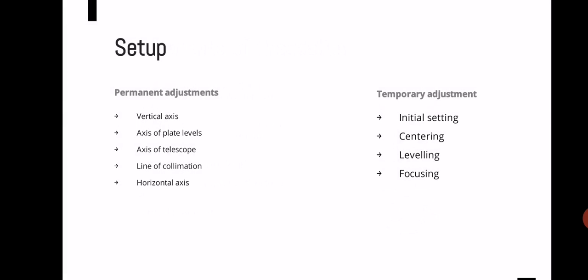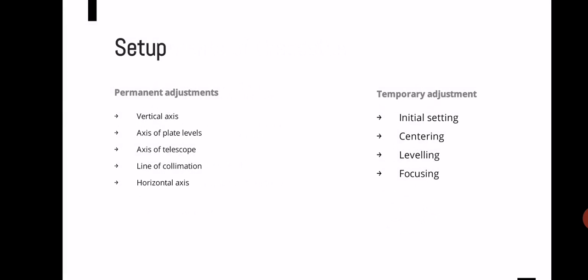We have to keep in mind that the horizontal axis must be perpendicular to the vertical axis. Then the vertical circle must read 0 when the line of collimation is horizontal.